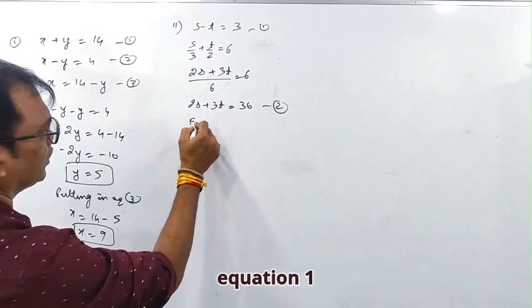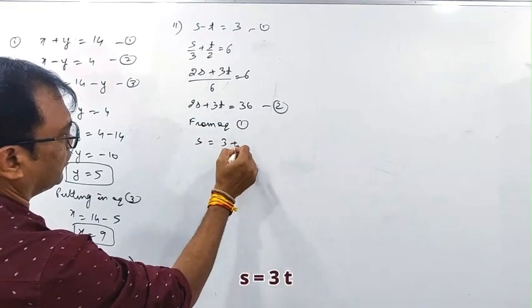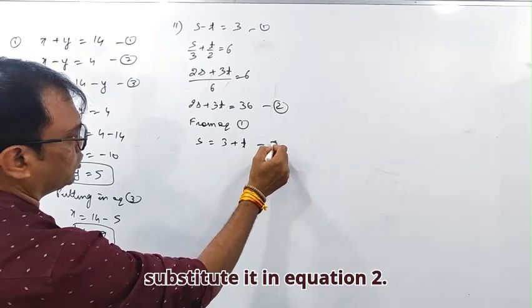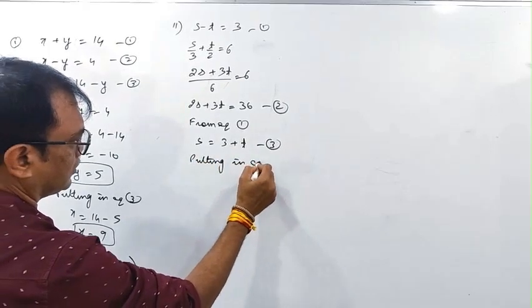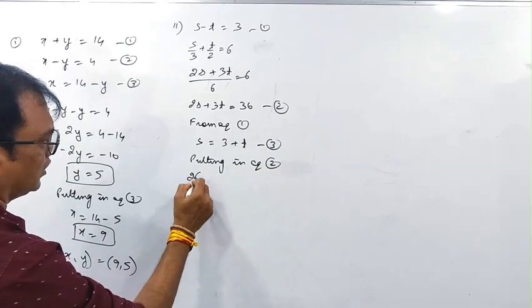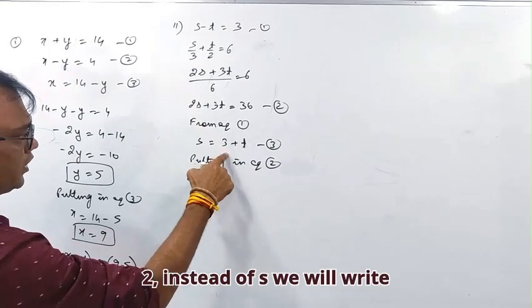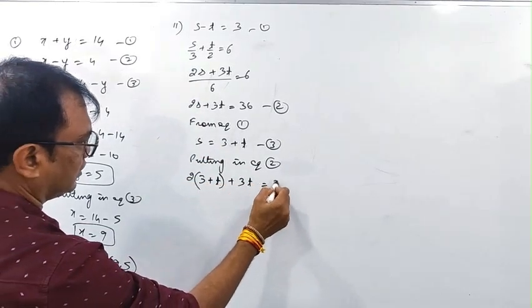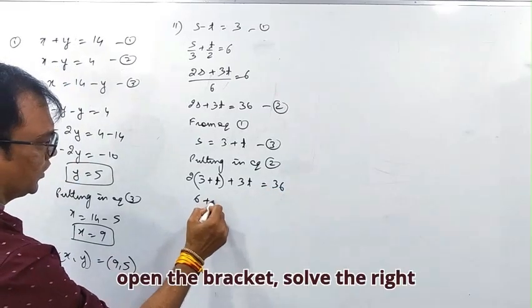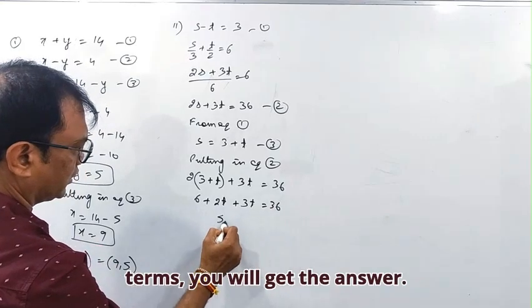So from equation 1, s equal to 3 plus t, substitute it in equation 2. Instead of s we'll write 3 plus t. Open the bracket, solve the like terms, you get the answer.